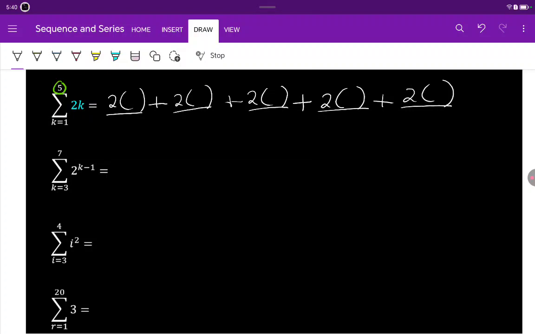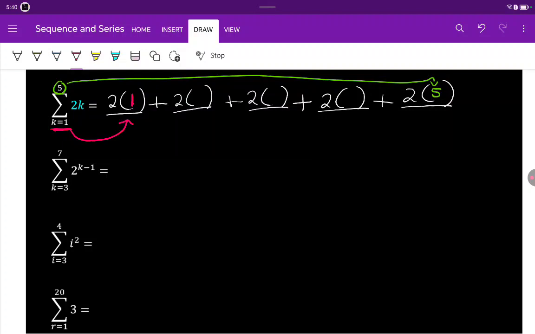Now, what's the value of k? K changes, and k has 2 values. It has a start value, so the first value of k is going to be 1. And the last value of k is going to be 5. And the values of k in between are just going to be adding up.